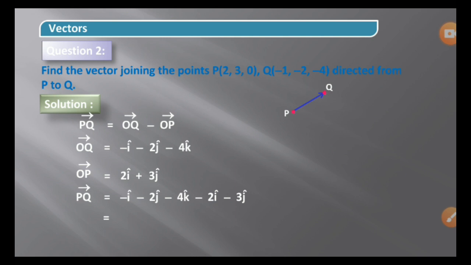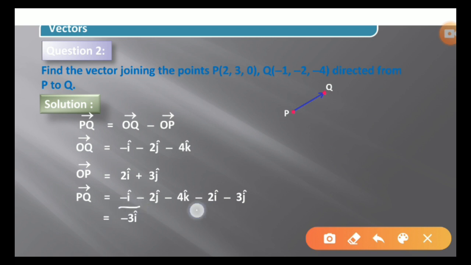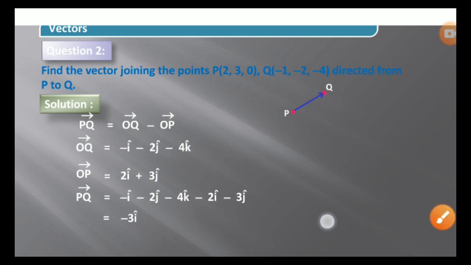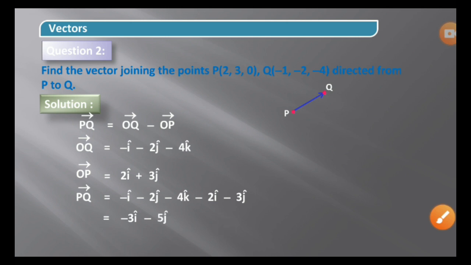Therefore, after simplification, we will have minus 3i, because minus i minus 2i becomes minus 3i, and next minus 5j, because minus 2j minus 3j will be minus 5j, and we will have minus 4k. Therefore, the vector PQ will be minus 3i minus 5j minus 4k. So, this is the solution of this given question.